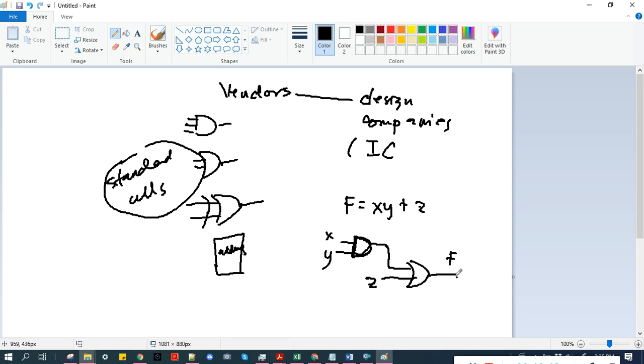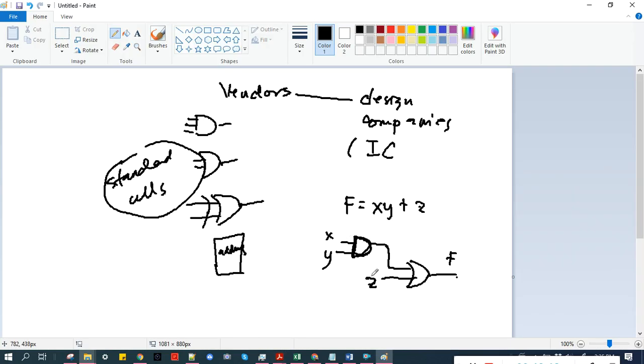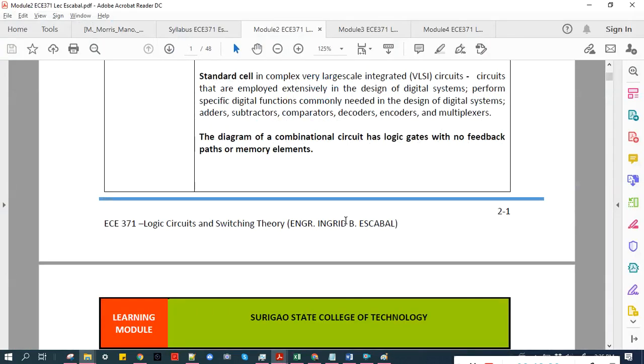So the output F is only a function of X, Y, and Z. There's no feedback path going to any part of the circuit, and there's no storage element. That's why we consider this as a combinational circuit.